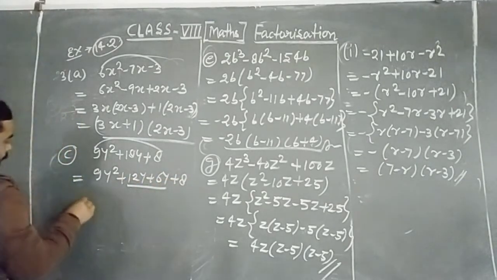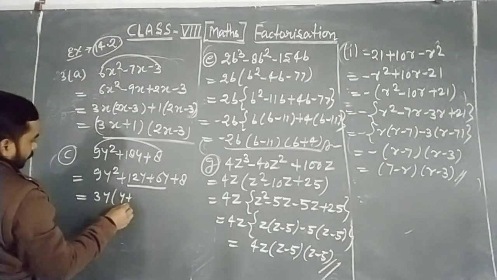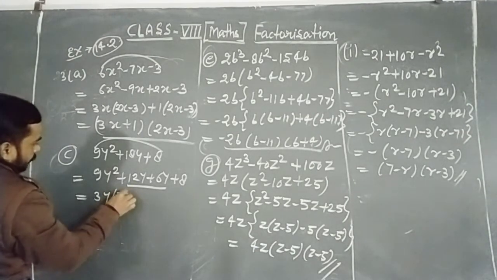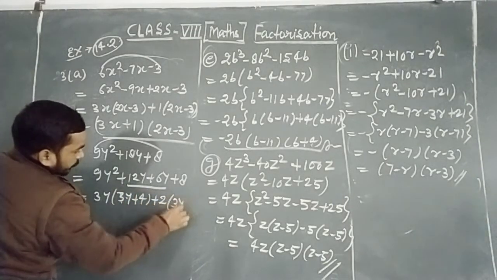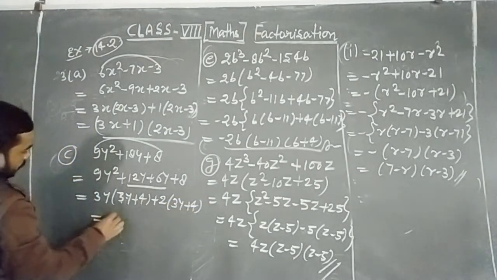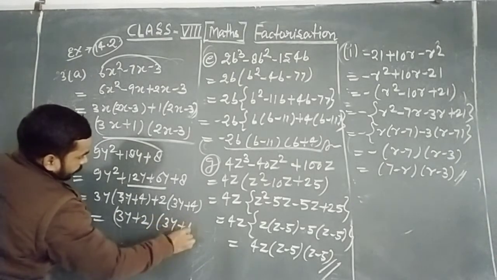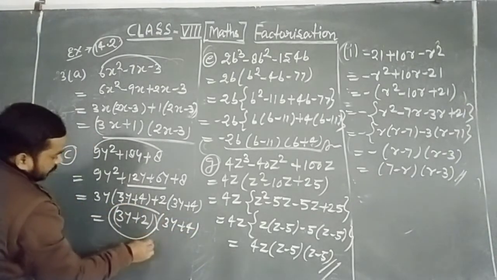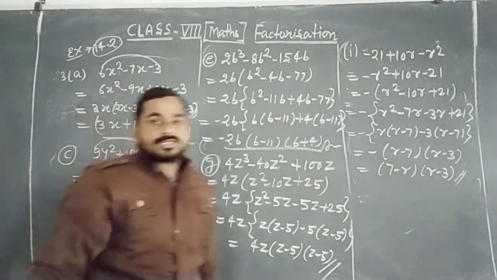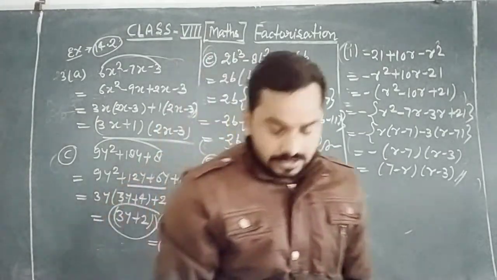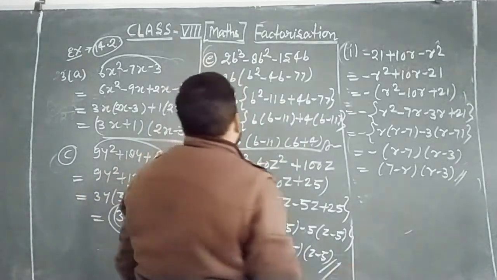Taking common 3y, y plus 2, 3y plus 4, and here 2 is common, 3y plus 4. So factors are 3y plus 2 and 3y plus 4. One factor is given, so what is the other factor? So the other factor is 3y plus 4. That means the second option is correct. Now the D part of question number 3.